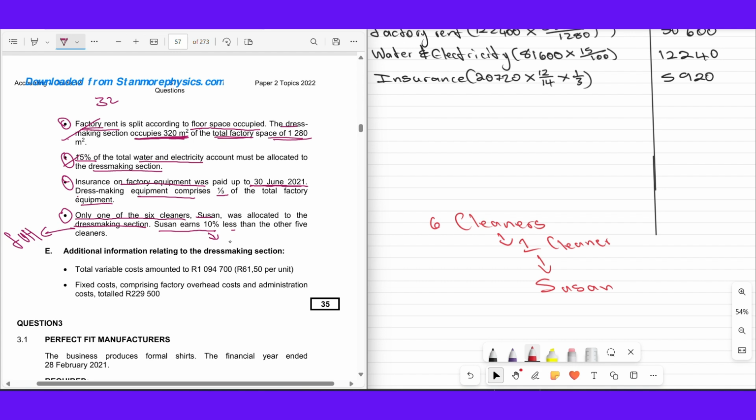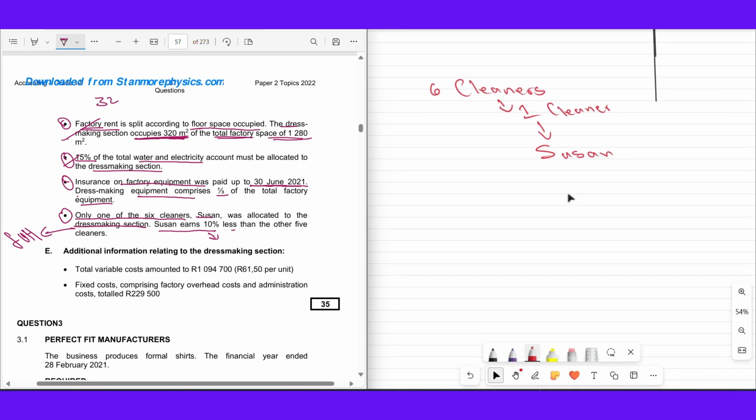So if Susan is earning 10% less than the other cleaners, you must ask yourself a question: how much are these 5 earning? It is their wages. It's always 100%. And how many are they? They are 5 cleaners. But they are saying that Susan is earning 10% less.